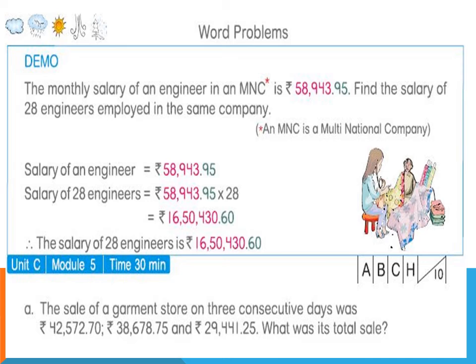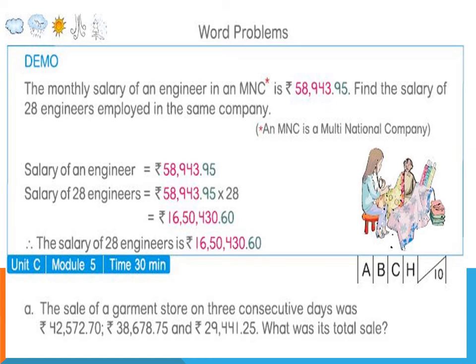Salary of an engineer equals this much, so salary of 28 engineers equals salary of one engineer multiplied by 28, and we will get the answer. And at the end of the problem, please don't forget to write the concluding line. Therefore, the salary of 28 engineers is rupees this much.